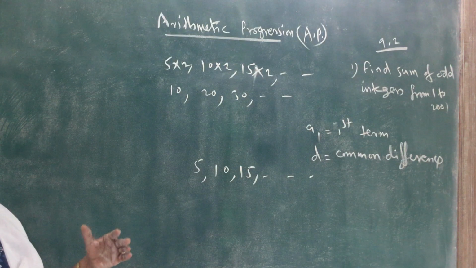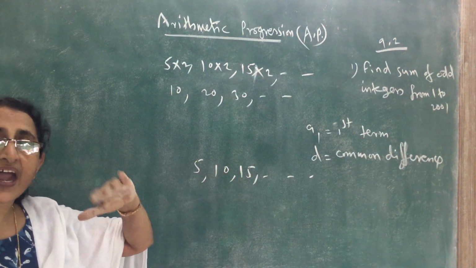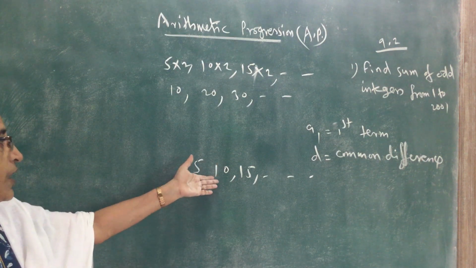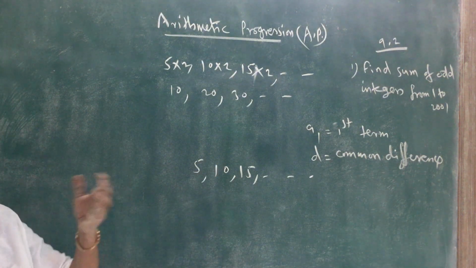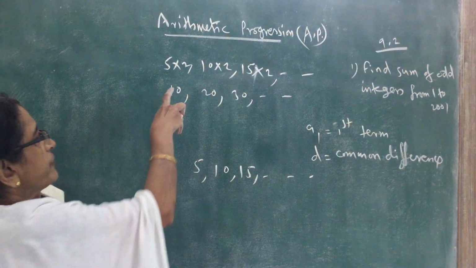Similarly, if you subtract the same number from each term, or add the same number to each term, or divide each term by some number, all of that will be an arithmetic progression. Here we multiplied.